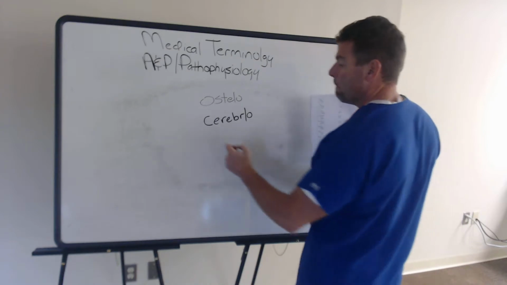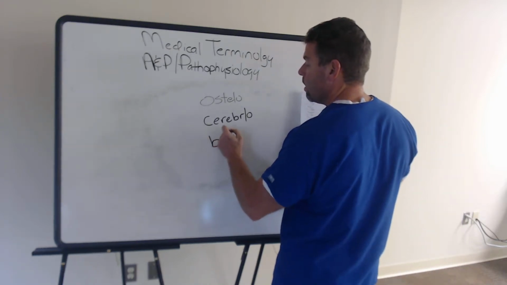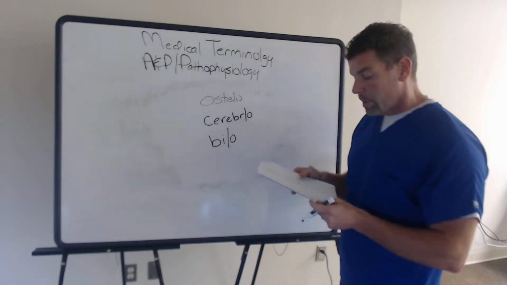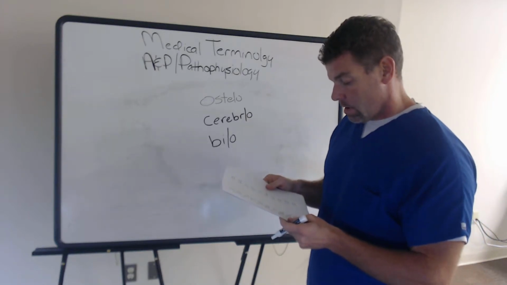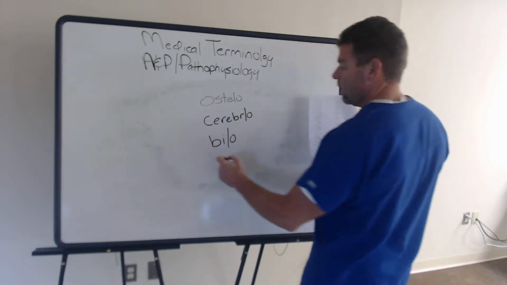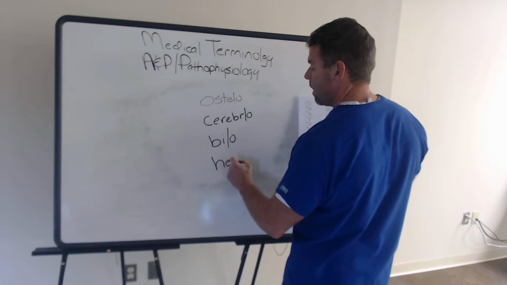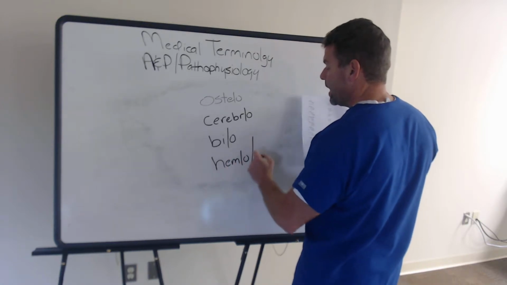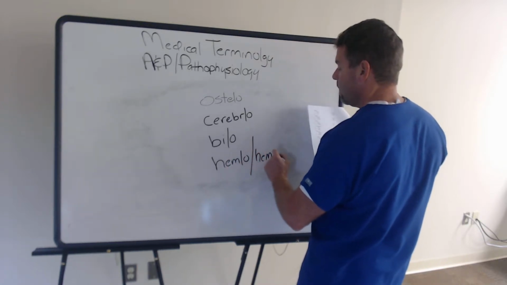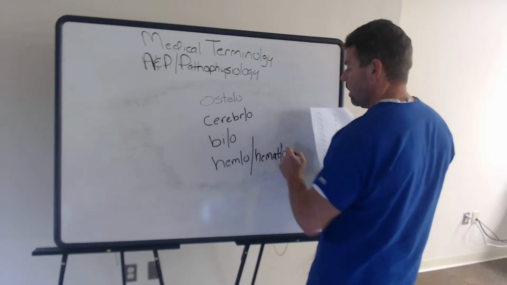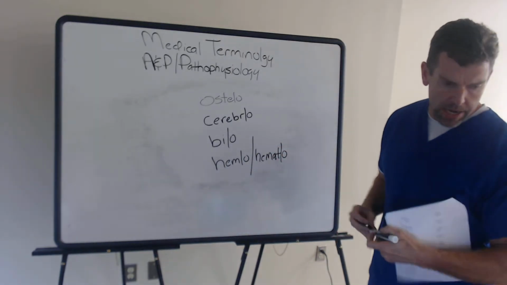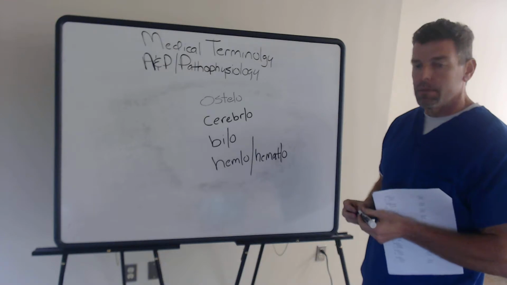Life. Bio is a combining form that means life. Hemo and hemato are both combining forms that mean blood.